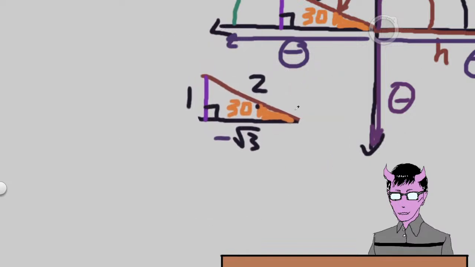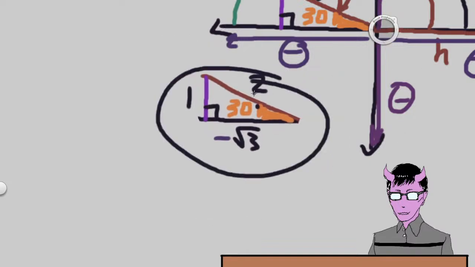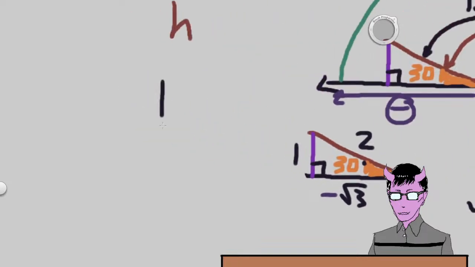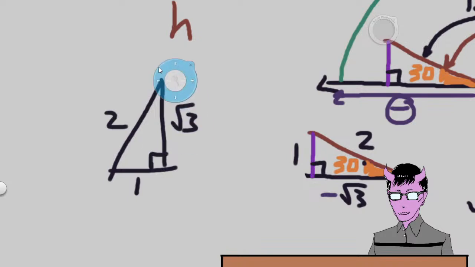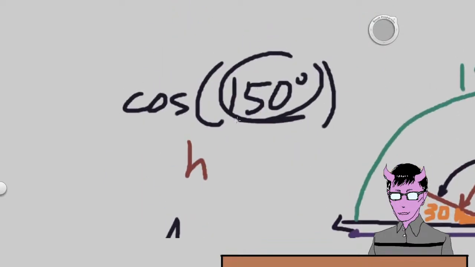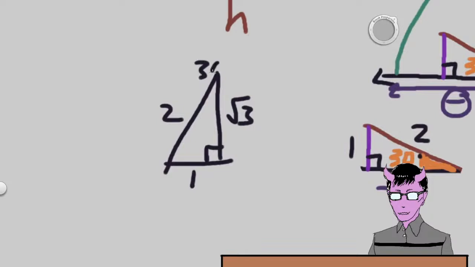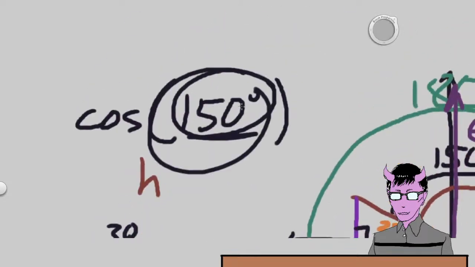So that's why simply memorizing the special right triangle is insufficient. If you just memorize 30, 60, 90s, and you're like, oh, this is 1 to root 3 to 2, unfortunately it doesn't help us here because this one is 150 degrees, which is not 30 degrees, it's not 60 degrees, it's not 90 degrees. This means that there are going to be positive, negative signs we probably need to contend with.